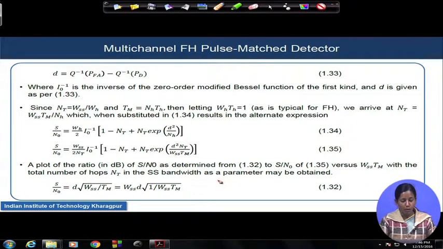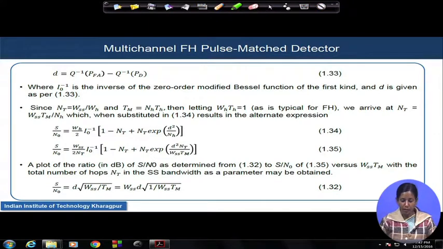We can plot the signal to noise ratio as determined from 1.32 and then 1.35, from here to here, versus WSS Tm, with the number of hops NT in that whole spectrum bandwidth as a parameter.